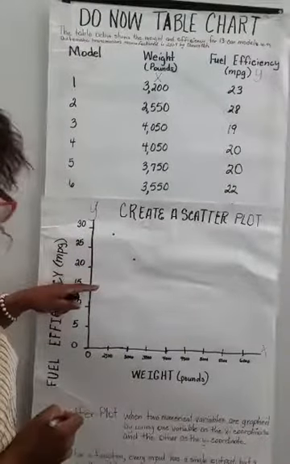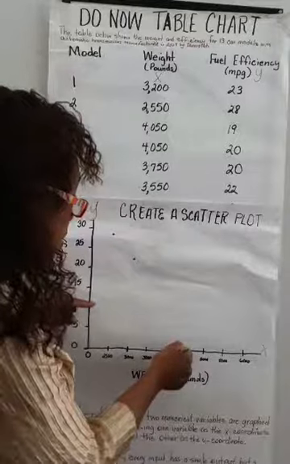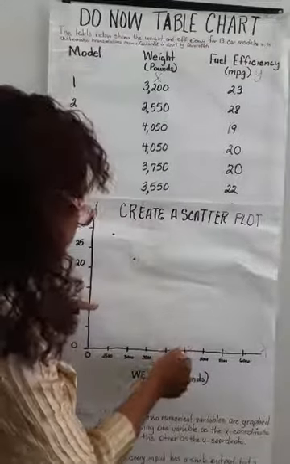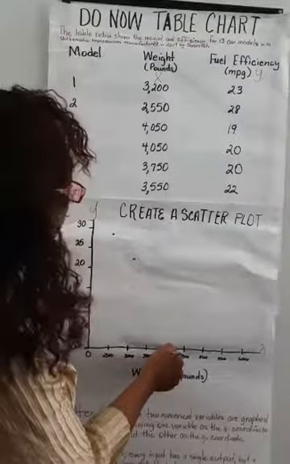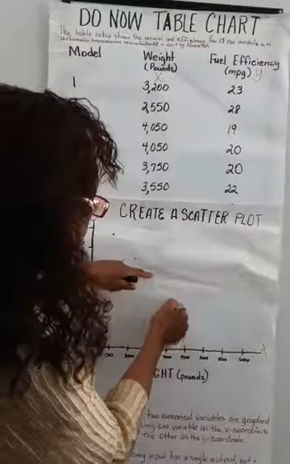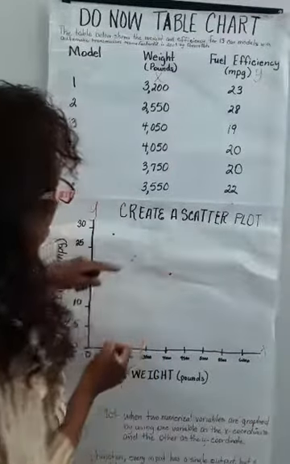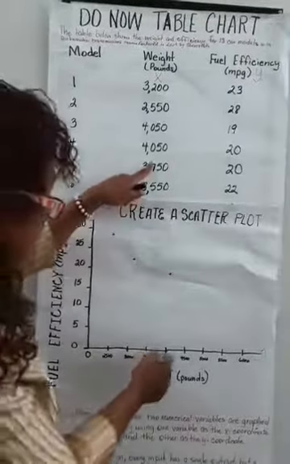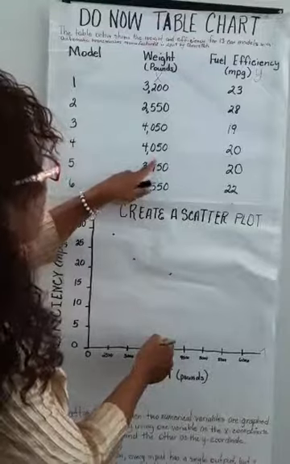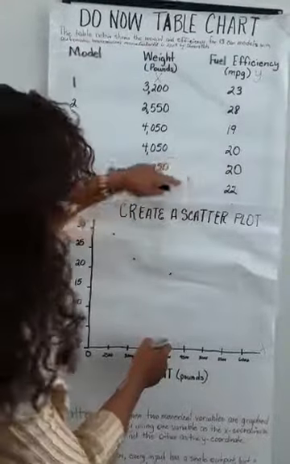And 4,050. 4,050, okay. 4,050 right in here, and I can go 19. Somewhere in here. Same thing. At 4,050 on the fourth model, I can go 20 miles.